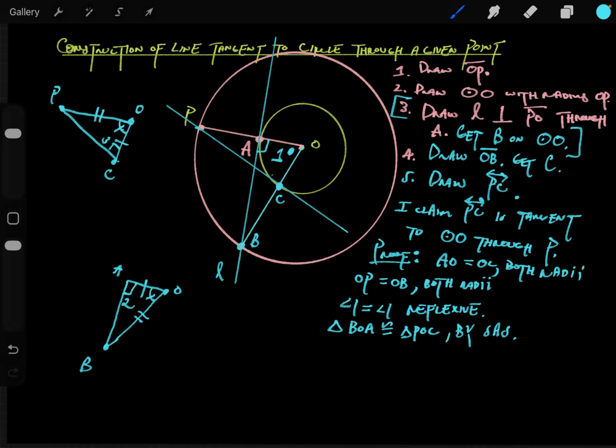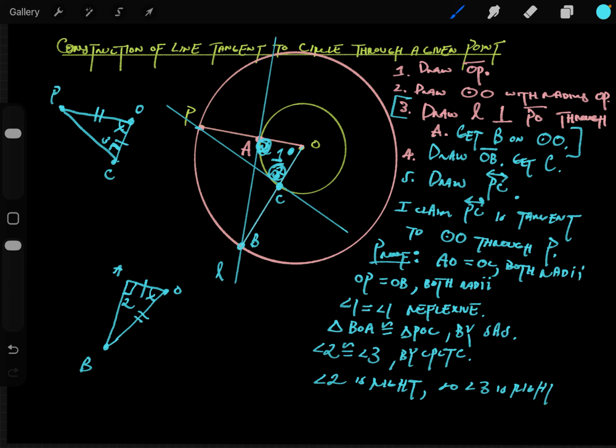Okay, so this is angle 3 right here. In the picture, it's here. And this is a 90-degree angle because of corresponding parts. So we know angle 2 is congruent to angle 3, by CPCTC. But 2 is right, so 3 is right.